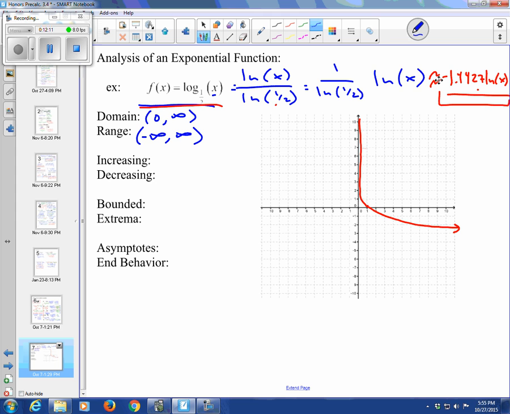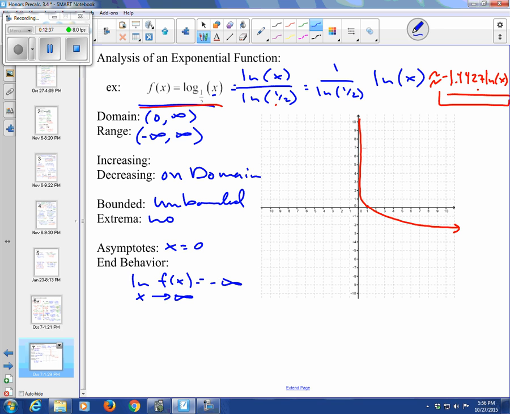Now he's decreasing on the domain, and he is unbounded. He has no extrema. He does have an asymptote, x equals 0, and his end behavior, as x goes out in the positive direction, is now going to be negative infinity.